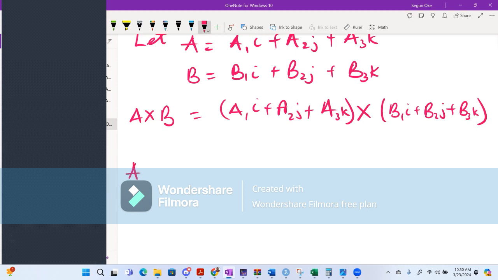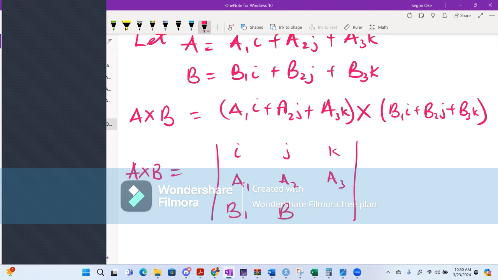So A cross B will be, we have i, j, k. All the coefficients, which are A1, A2, A3, let it be here, and B1, B2, B3 also here.